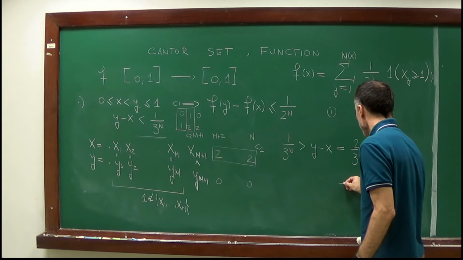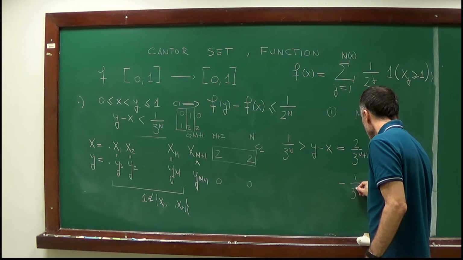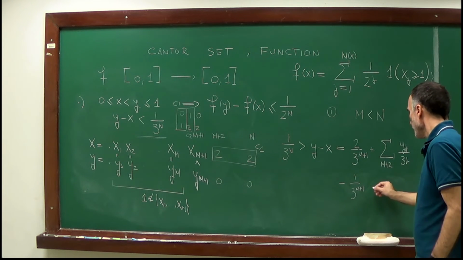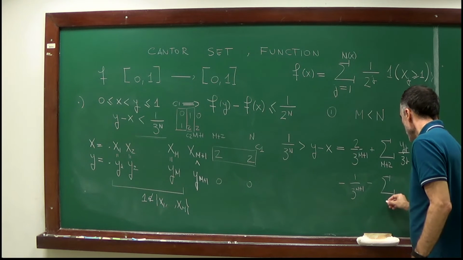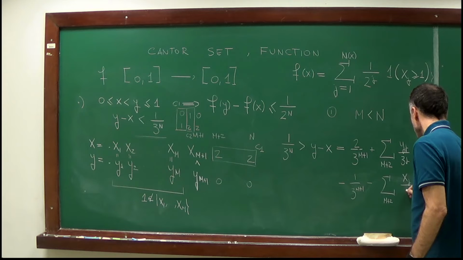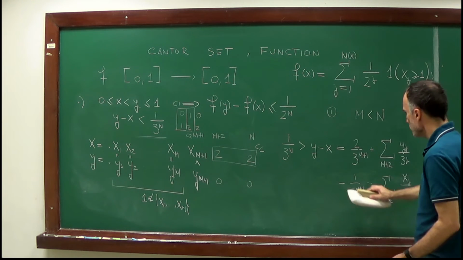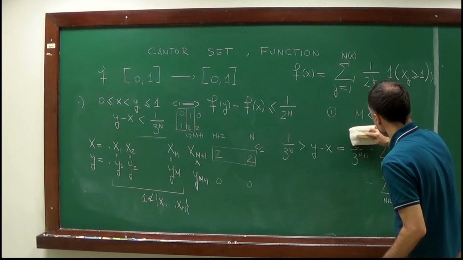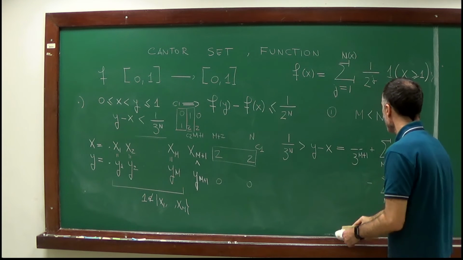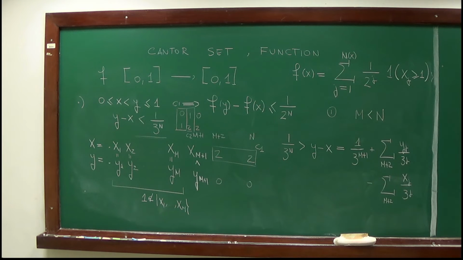And for x, now x is equal to 1, so minus 1 over 3^{m+1}, minus this contribution starting from m plus 2. And if you take out one of these two, I get one.